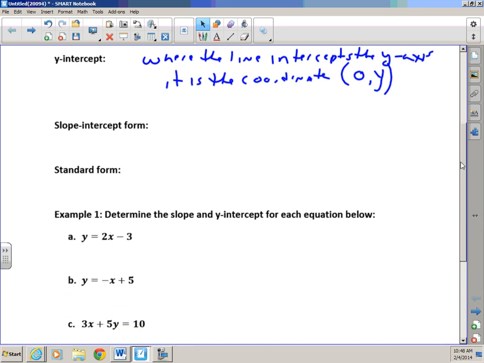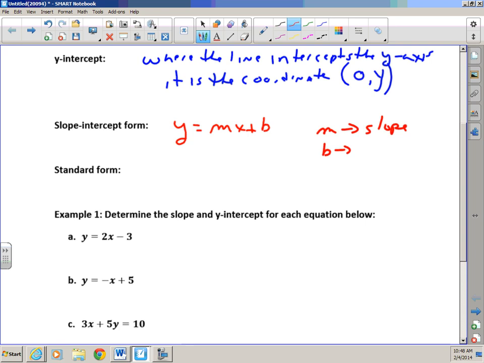Now, slope-intercept form, you actually have dealt with this when we were asking you to solve equations for y equals. It's the form y equals mx plus b. Okay? And m is the slope, and b is your y-intercept.